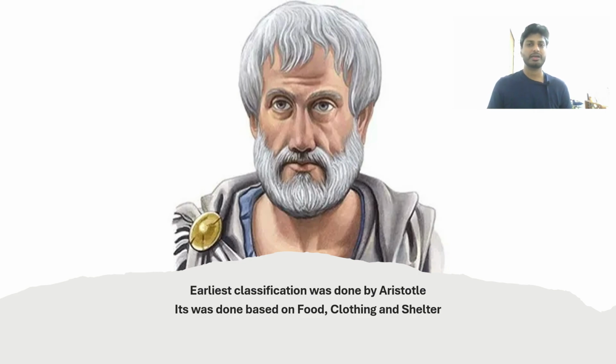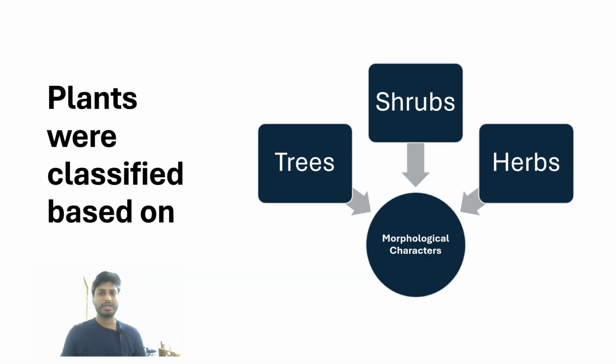That's why he considered simpler components like what kind of food the human groups are using, what kind of clothing they are wearing, and the kind of shelter they are using for their livelihood, and tried to classify the humans. At the same time, he also classified plants into three different categories, which were nothing but trees, shrubs and herbs.